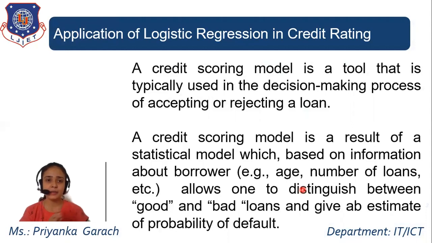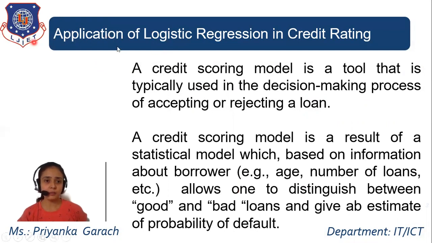So in the credit rating system, based on the credit rating, the bank is predicting whether to give a loan to a particular customer or not. How to judge whether they are capable of paying the loan or not? They are judging based on the data set of the credit cards.